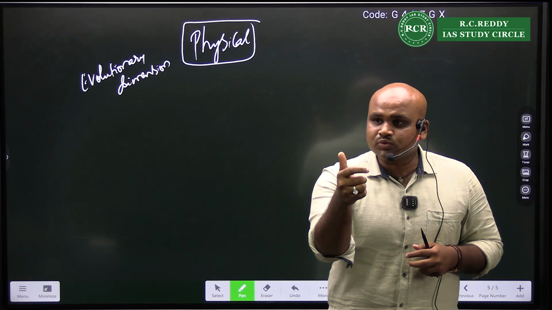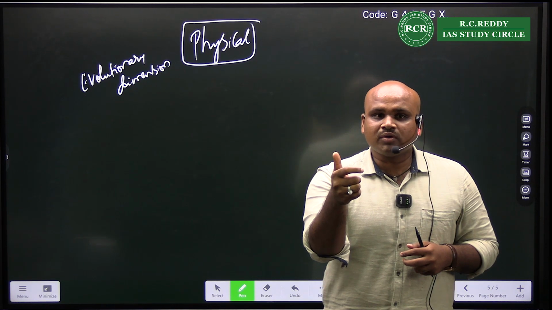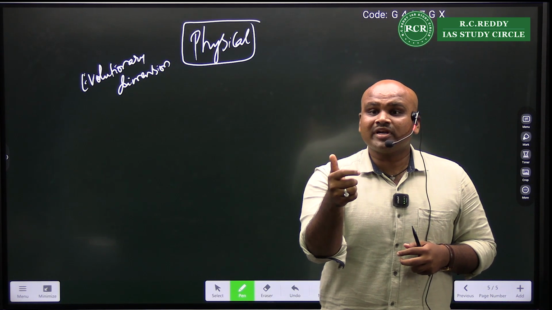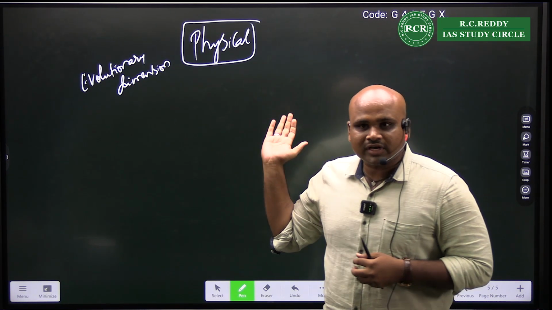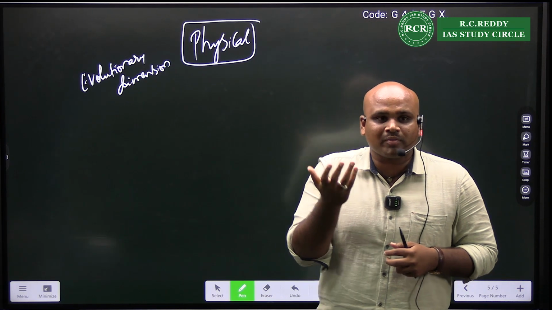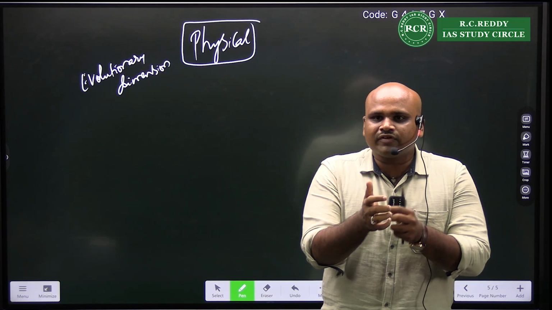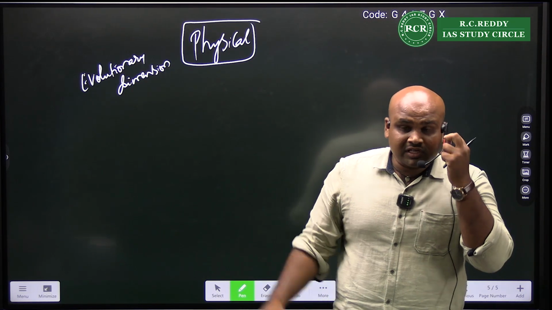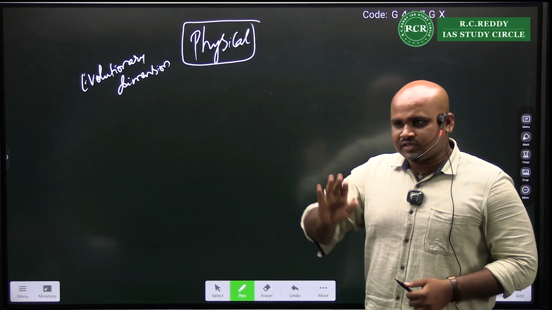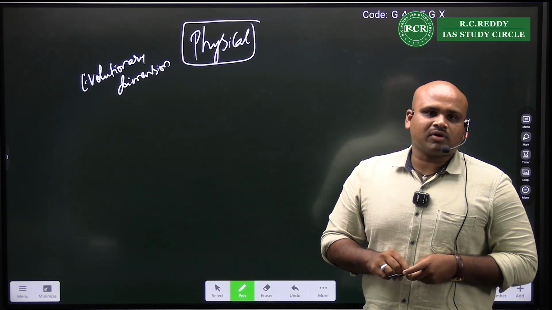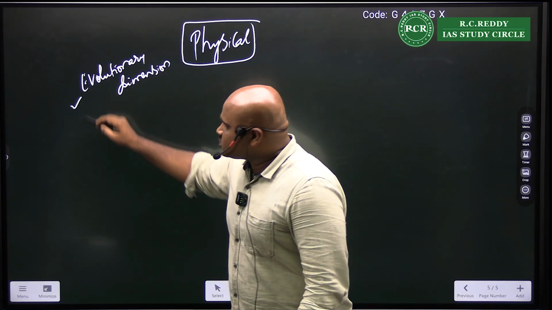Definitely yes. This is what we study in anthropometry. That is what we study in physical anthropology. Anthropometry is the measurement of different dimensions. That means in physical anthropology, we don't study core medicine. We fundamentally study the evolutionary dimension.